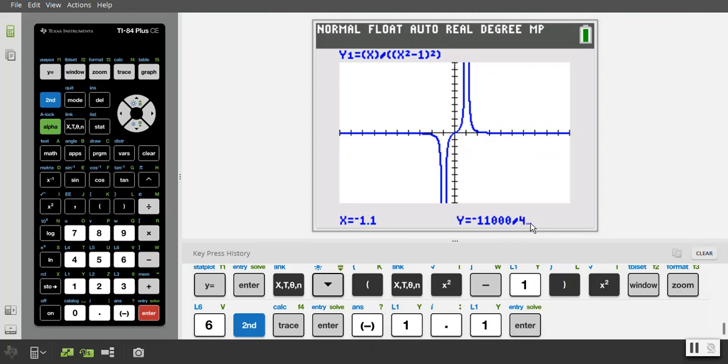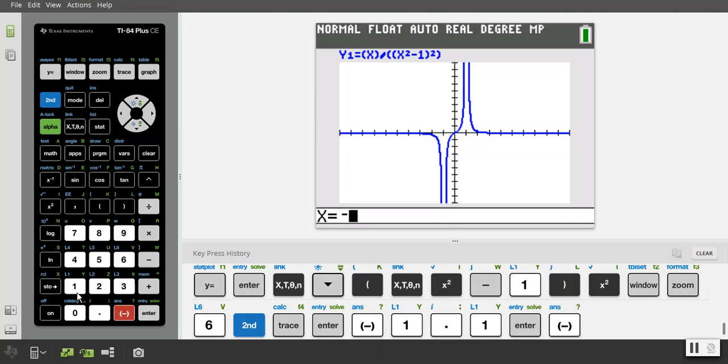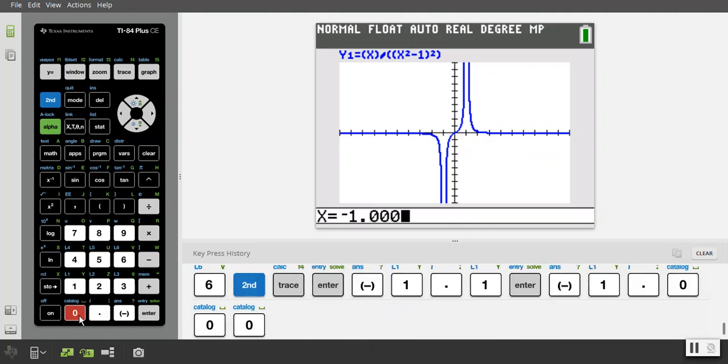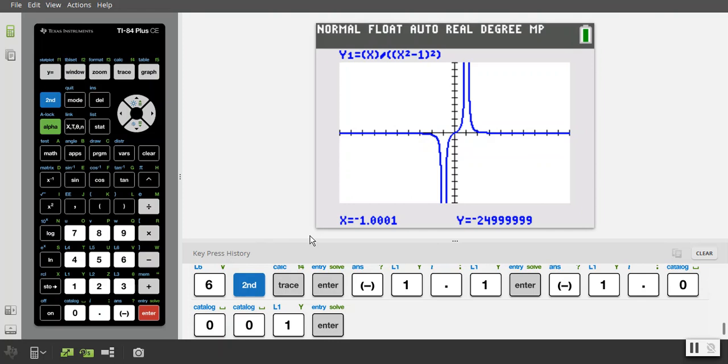If we plug in negative 1.001, we'll see that it gives us very big values. Negative 1.1 might be too far actually, so it should be like 0.999.